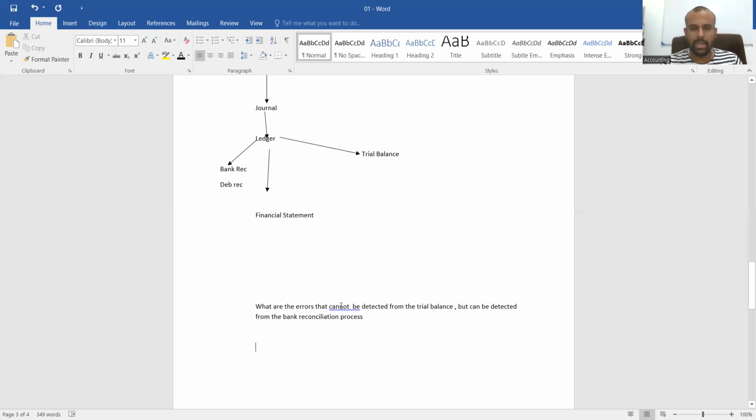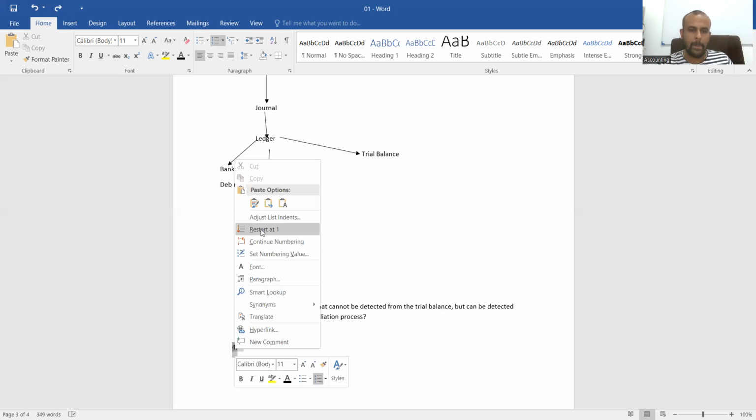Could you tell me what are they? What's the first one? They cannot be identified from the trial balance, but we can identify them through the bank reconciliation process. Can you tell me what are they?